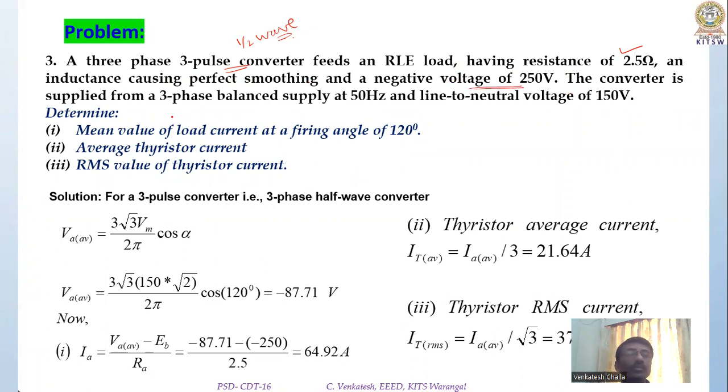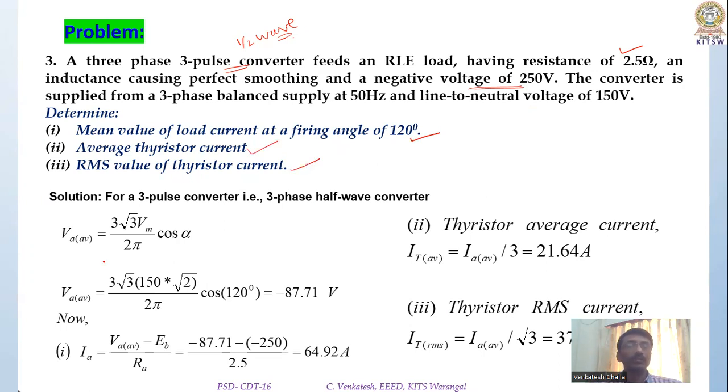The converter is supplied from a three-phase balanced supply at 50 hertz and line to neutral voltage of 150 volts.